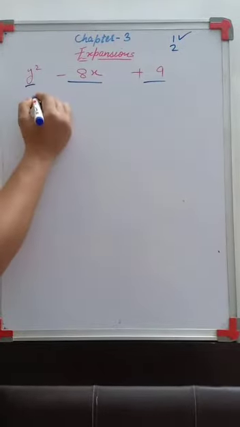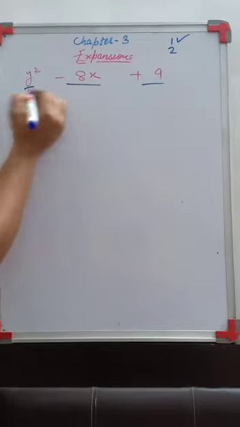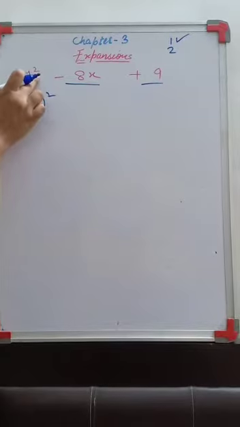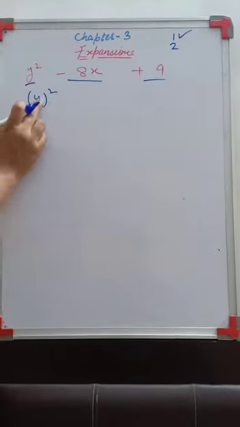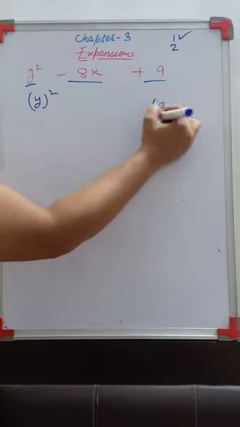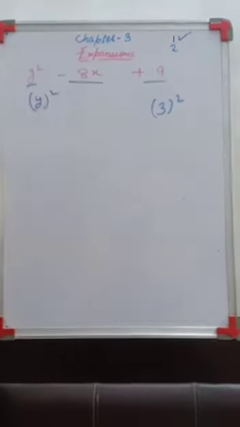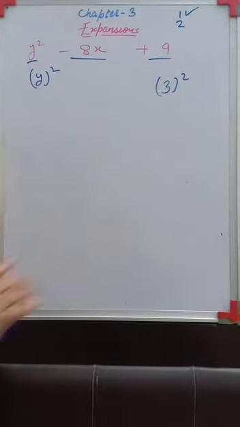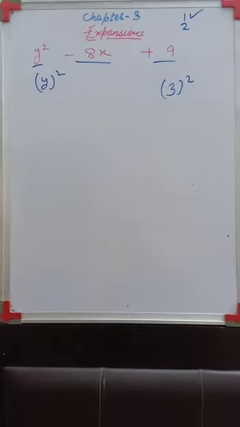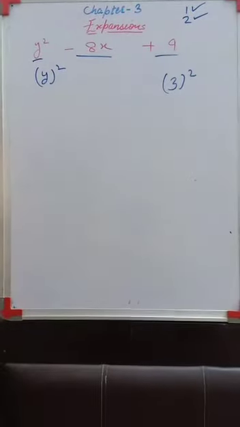So check it. y square is a perfect square, because the square root of y square is y. Now, can I write 9 as 3 square? That means 9 is also a perfect square, because its square root is a whole number. My second condition is satisfied.